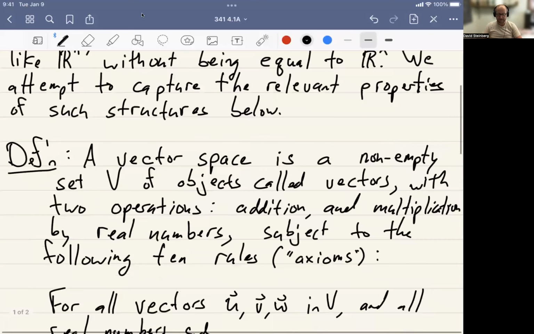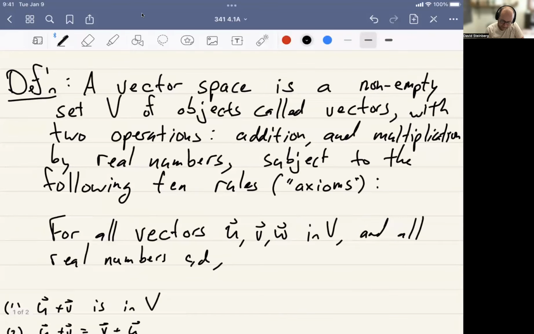So a vector space, we're defining here, is a non-empty set V of objects called vectors that have two operations. You can add vectors, and you can multiply vectors by real numbers. And they need to have these two operations subject to all the following rules or axioms below.